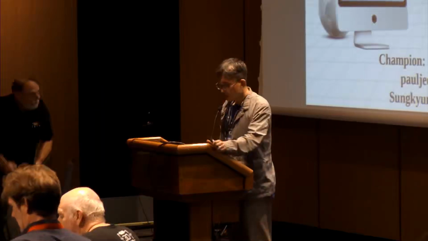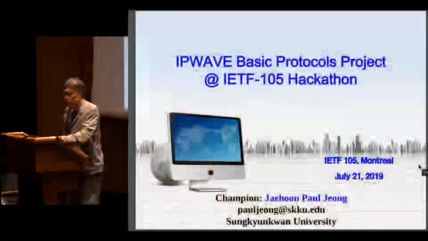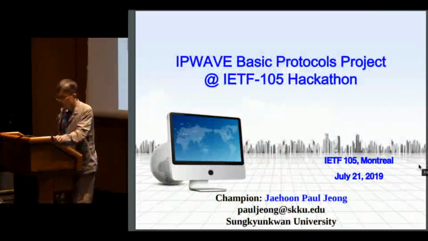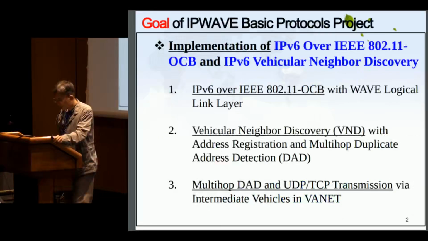So this is Paul Jung. I want to share the experience of the IPWave project, a basic protocol project. The goal is to prove IP version 6 over 802.11 OCB, the IEEE wave logical link layer.